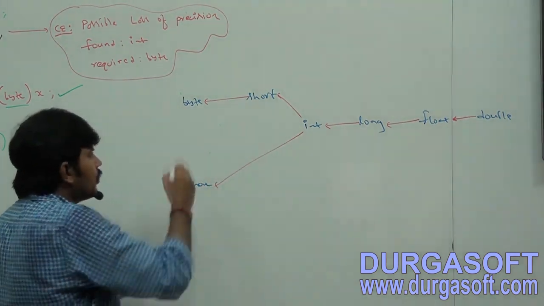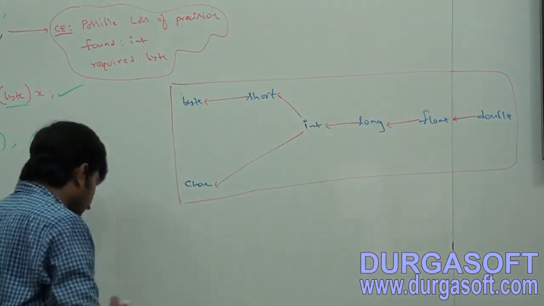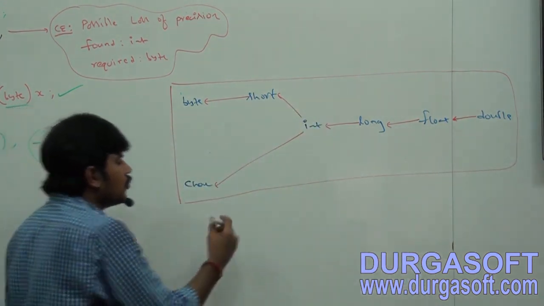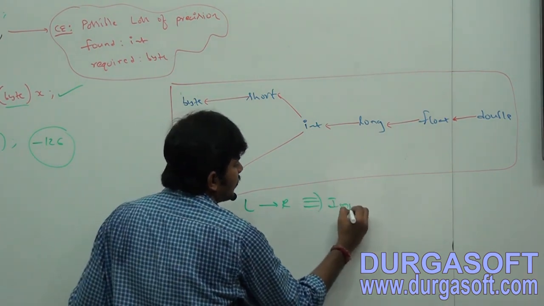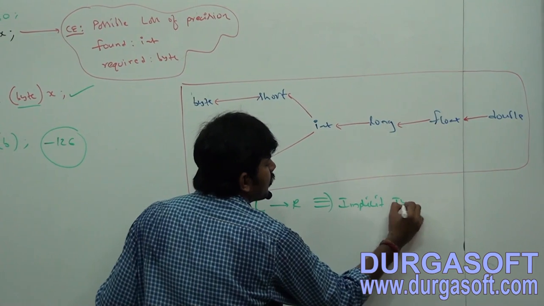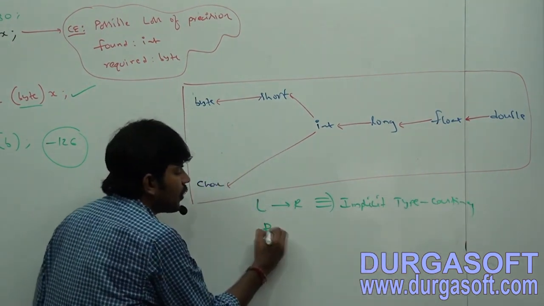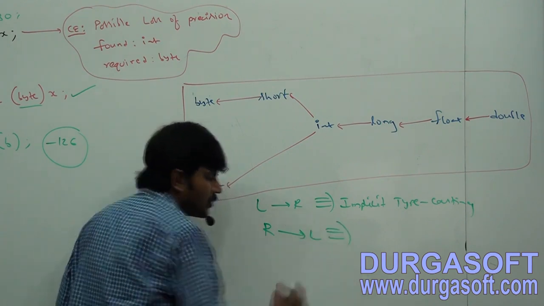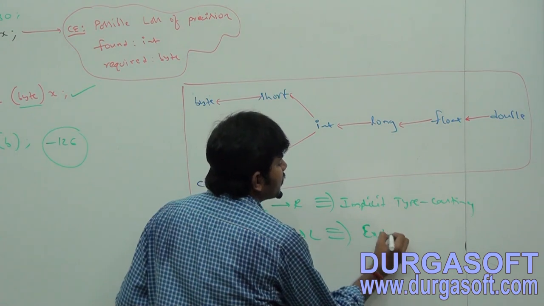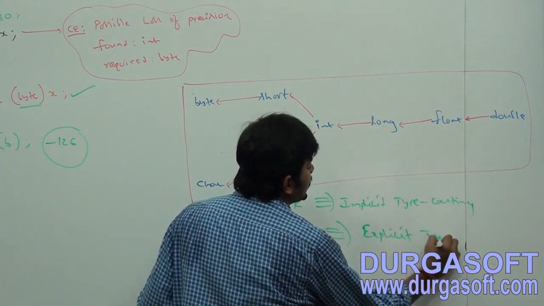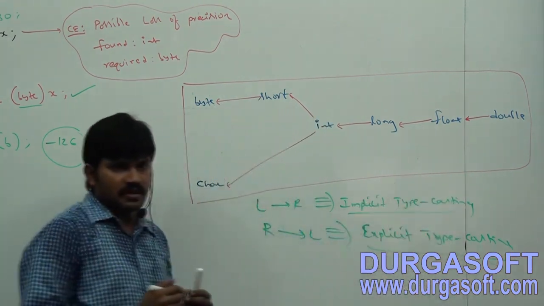If we move from left to right, this is implicit typecasting. If we move from right to left, this is explicit typecasting. So now the terminology is clear.